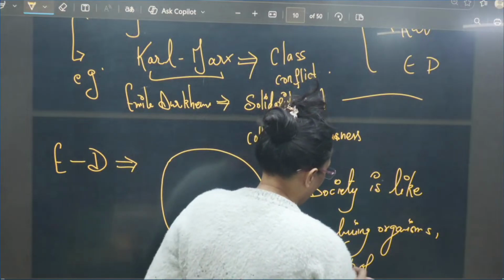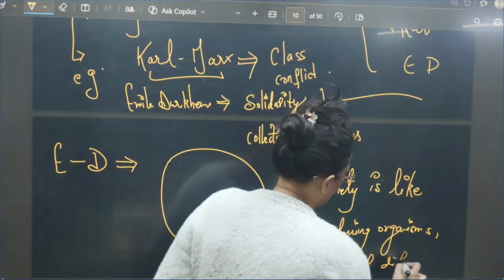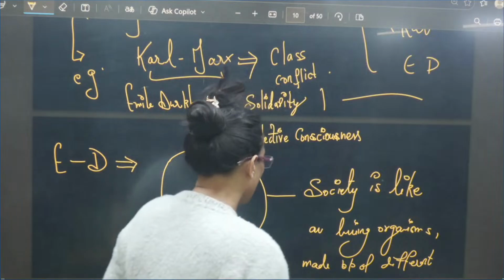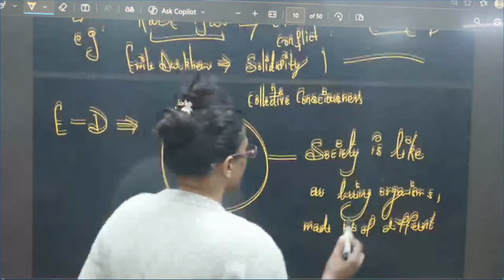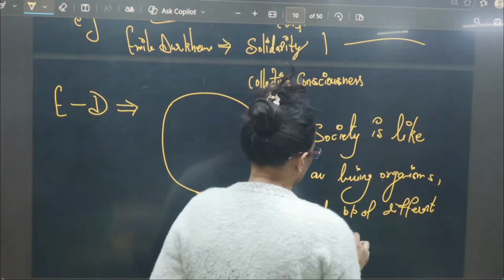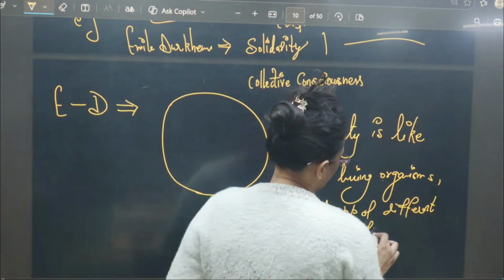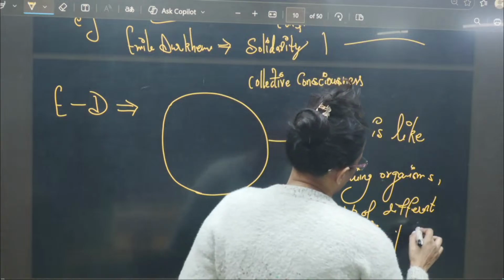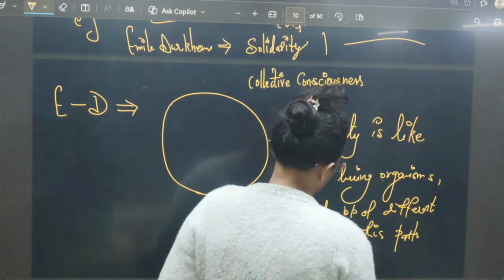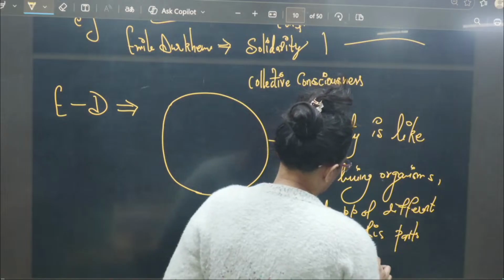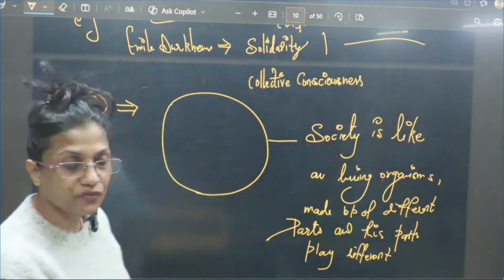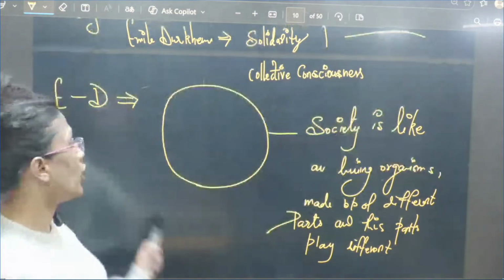Made up of different parts, and all these parts are made up of different parts, and these parts play different roles for the functioning of the entire organism.